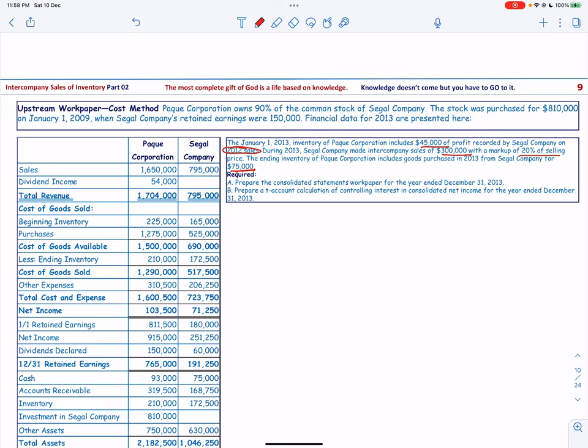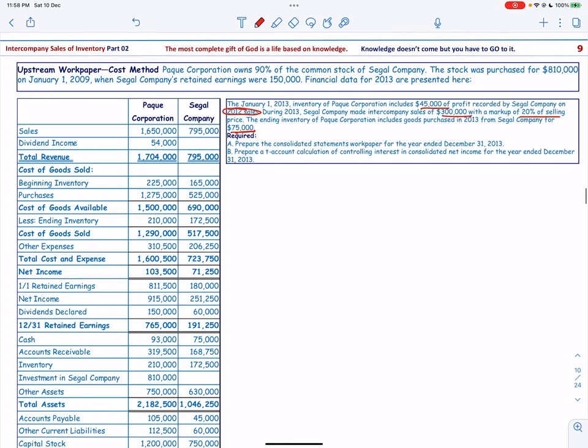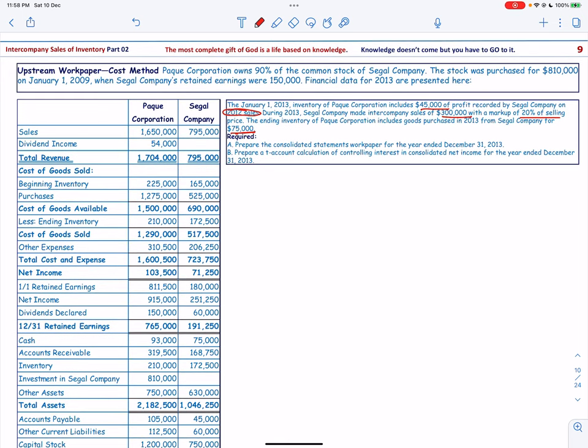So we are going to look into 6 different issues in this problem. The first one is that since we are going to use the cost method to solve this problem, the first general entry will be about the reciprocity. The second will be the intercompany sales of 300,000.